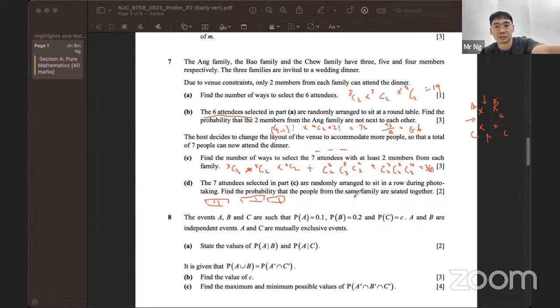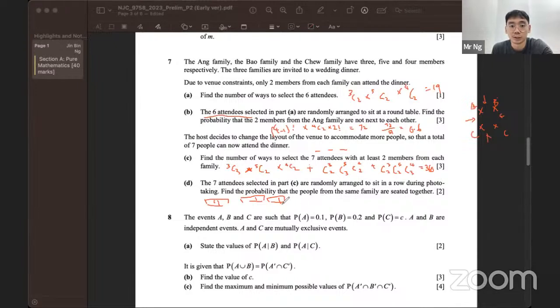So they need to consider other cases, right? 7, 8, etc. So I don't think that's the case. Over here, these 7 are fixed already. Otherwise we're going to lose the mark, because I feel that 1 mark is very difficult to get.